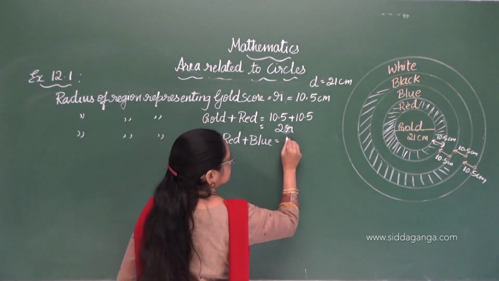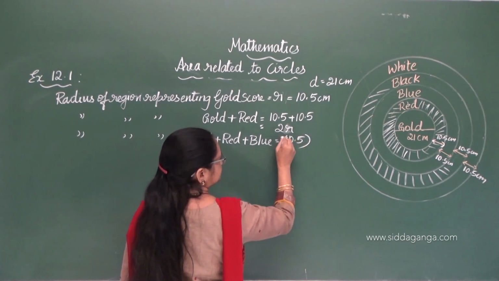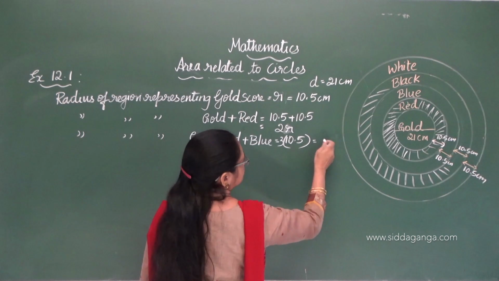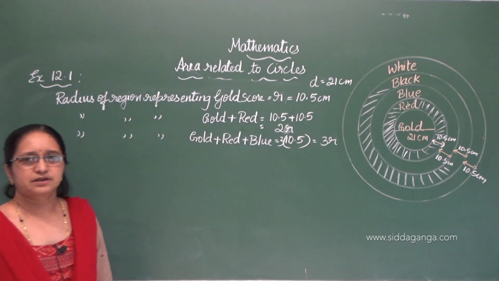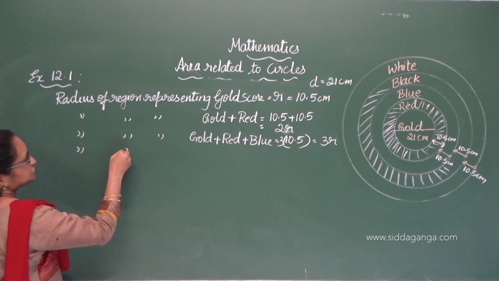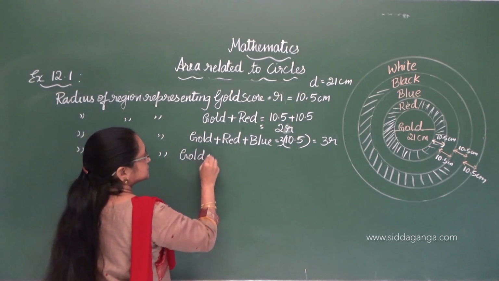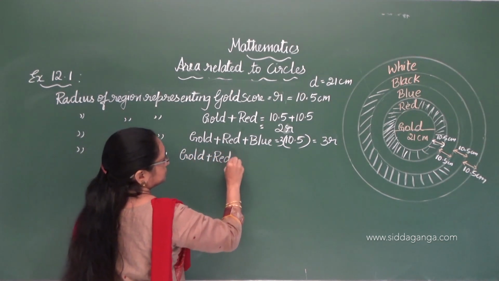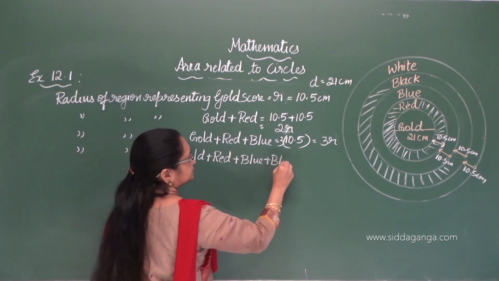Can I write it as 3 into 10.5, or can I write it as 3R? Correct, 3R. Next, the radius of the region representing gold plus red plus blue plus black.